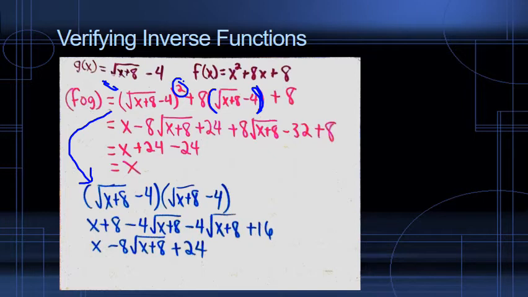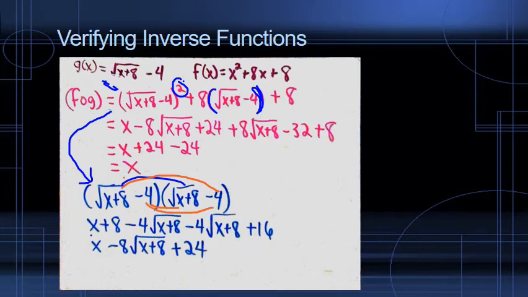All right, so let's square the square root of x plus 8 minus 4 times the square root of x plus 8 minus 4. Well, these two square roots are just going to leave me with x plus 8. Then the square root of x plus 8 times minus 4 gives me minus 4 square root of x plus 8. And here I've got minus 4 times the square root of x plus 8, which gives me minus 4 square root of x plus 8.